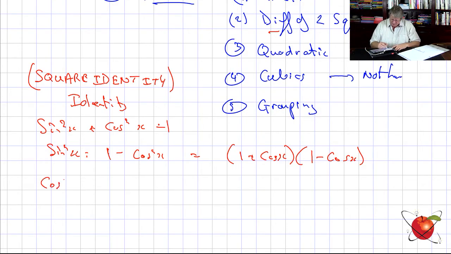Because it's a difference of two squares, and difference means minus sign. But that I can, and similarly, cos squared x is equal to 1 minus sine squared x, which factorizes to 1 plus sine x, 1 minus sine x. Guys, it's very important that you remember those.